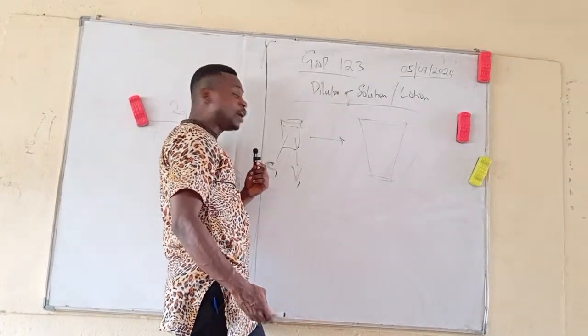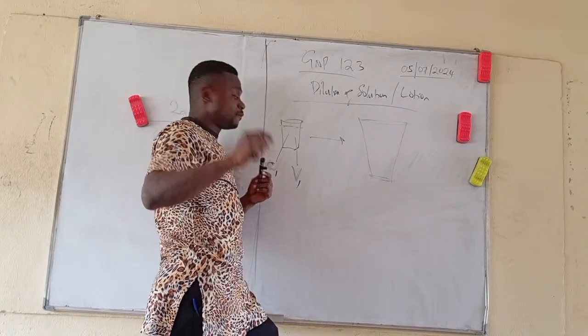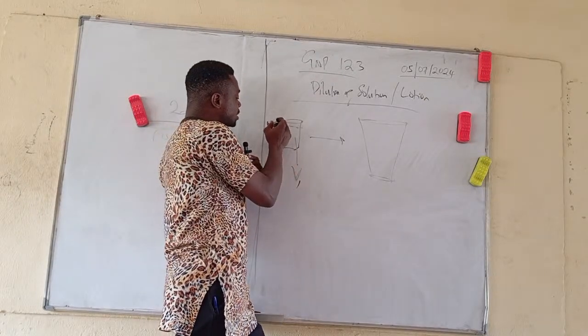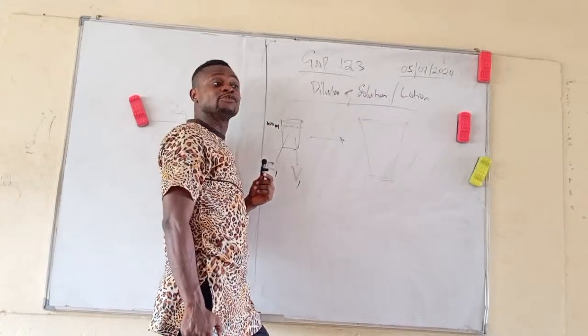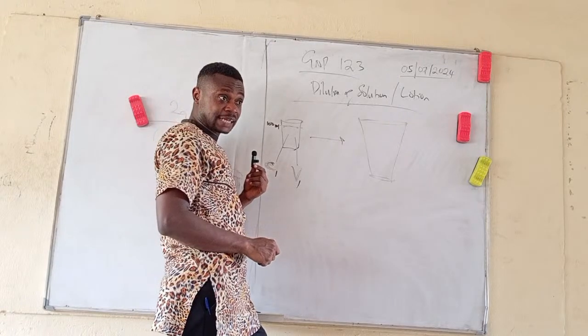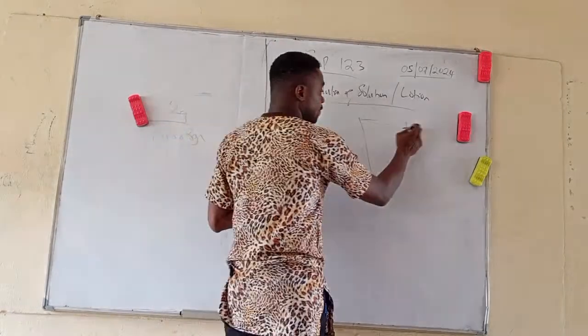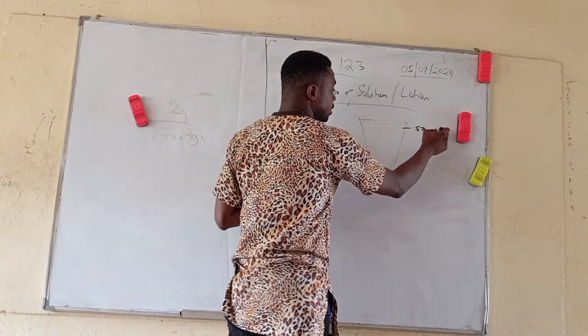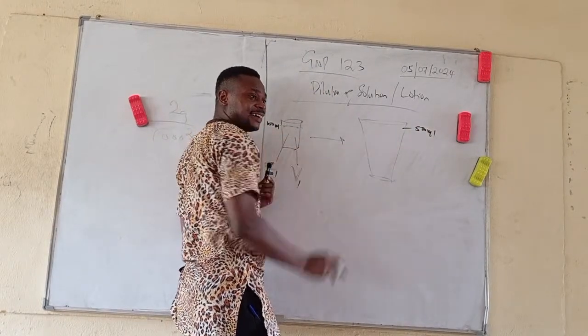Then, if you want to dilute it, let's assume this one here is 100 ml, and you want to prepare 500 ml of the same disinfectant. You pour water, right? You keep pouring water until 500 ml. But the amount of the actual ingredient is still there.